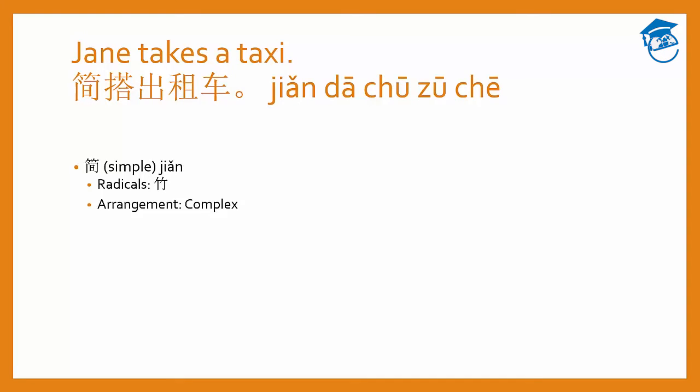So let's take a look at the title first. So the title is Jane Takes a Taxi. In Mandarin, it is 简搭出租车. So you can see Jane, the English girl name, is a very simple one. It's 简. In another word, it means simple. Okay, this is a pinyin 简, and the radical is what's on top there, and the arrangement is complex because you have top and bottom component, or the bottom component, it has enclosure and is wrapping what's inside here.